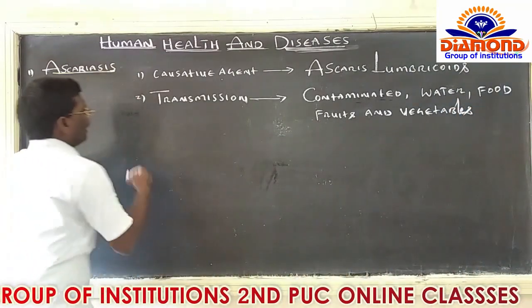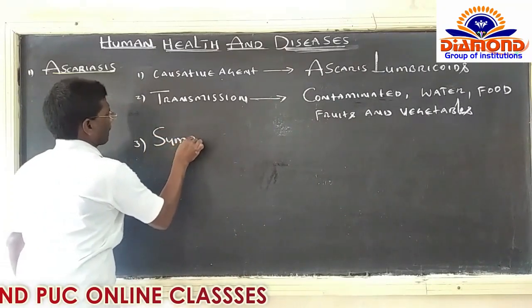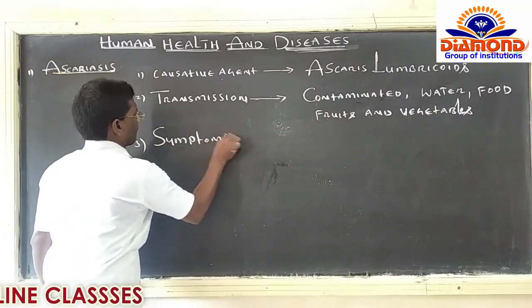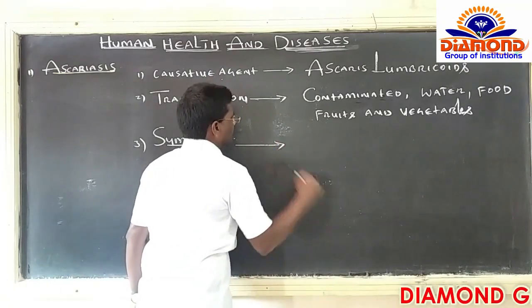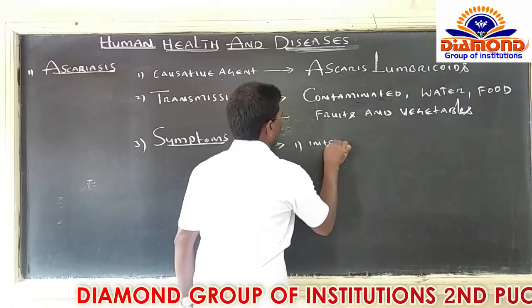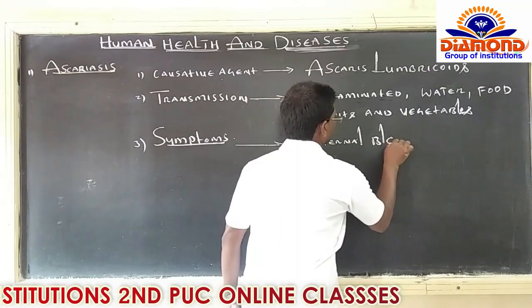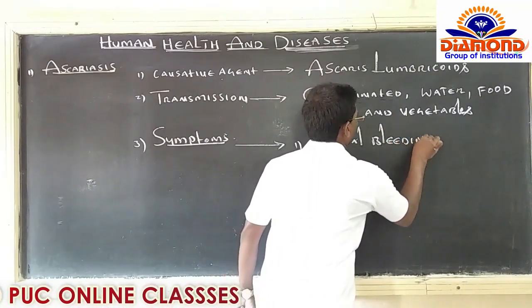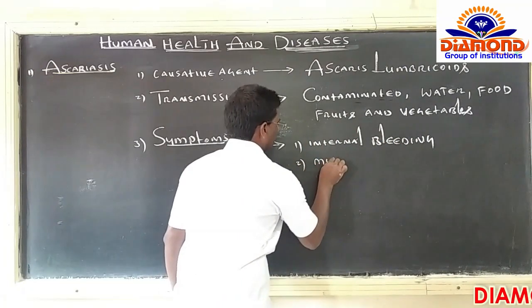And number 3, symptoms of the disease. Looking at the symptoms of the disease, number 1 is internal bleeding. Number 2 is muscular pain.